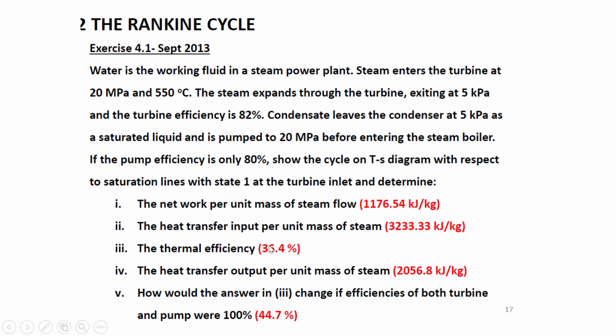Okay, the thermal efficiency. Okay, the heat transfer output. Okay, and then dia nak last sekali, how would the answer in 3 change if efficiency of both turbine and pump 100%. Okay, sekarang ni turbine dengan pump ni dia ada efficiency 82 dengan 80. Sekarang ni kita consider dia jadi 100, apa jadi pada jawapan awak pada nombor 3 ni?